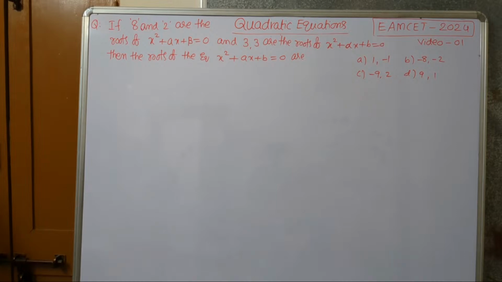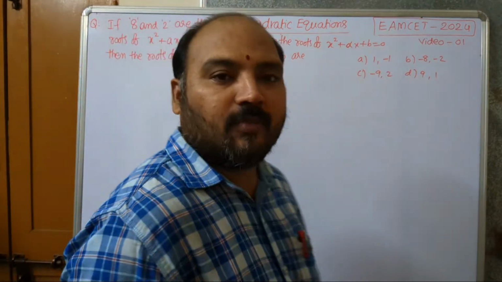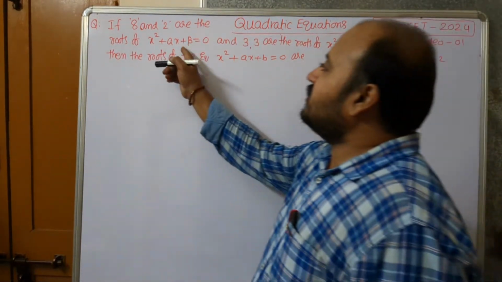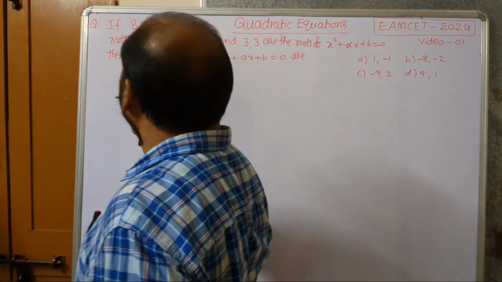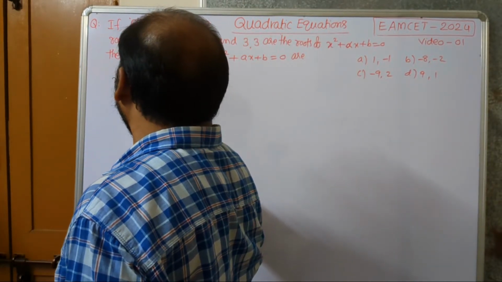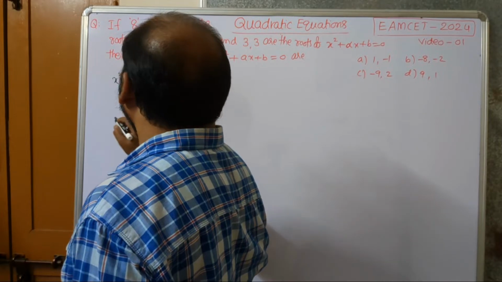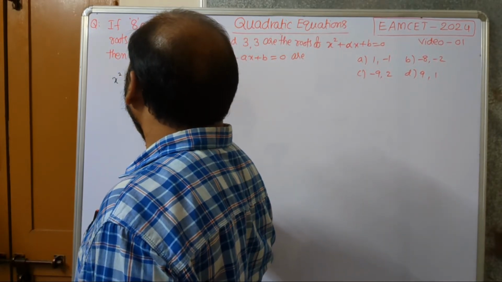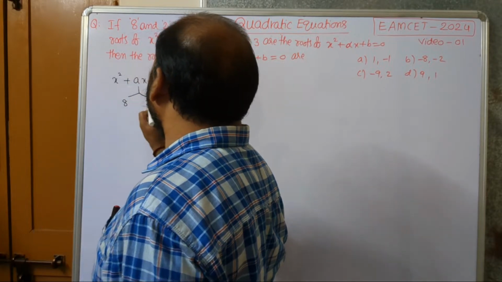One more question I will discuss and I will stop this session. In this, if 8 and 2 are roots of this one, x squared plus ax plus beta equal to 0, for this the roots are 8 and 2.